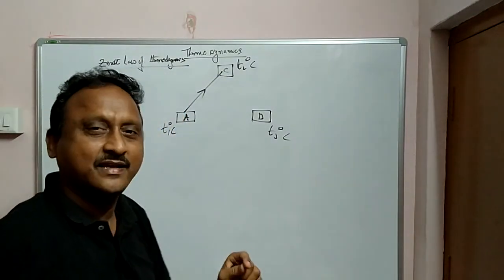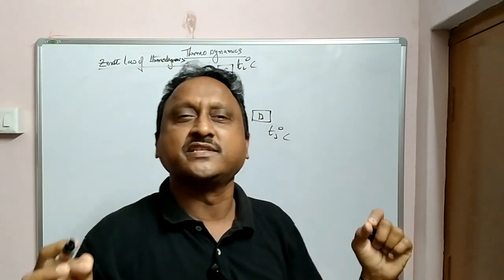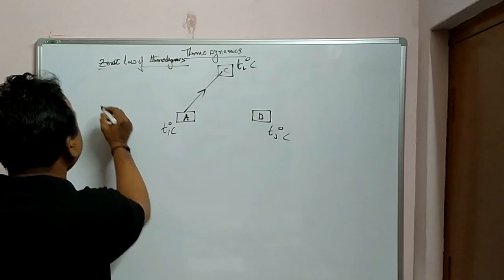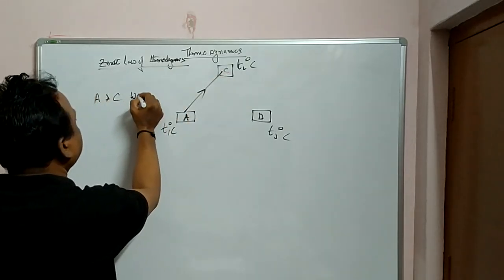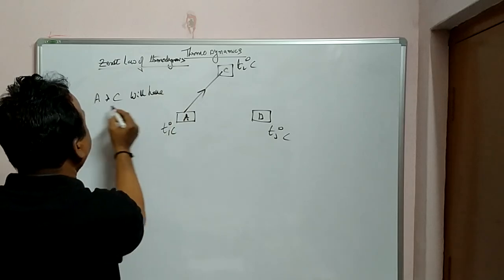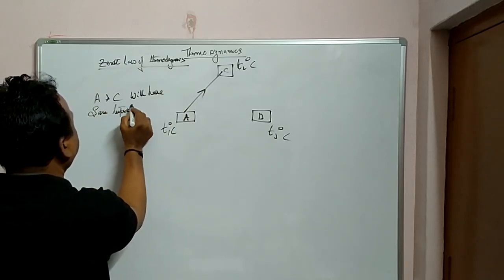What does thermal equilibrium mean? The temperature difference is zero. That means A and C will have the same temperature.